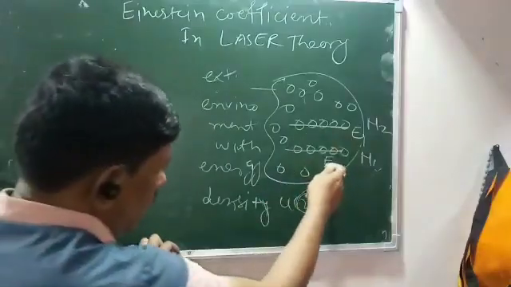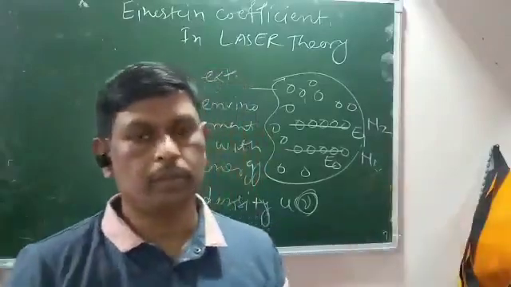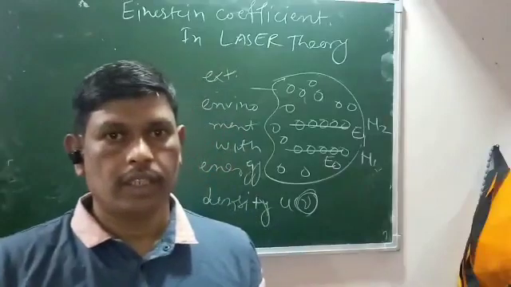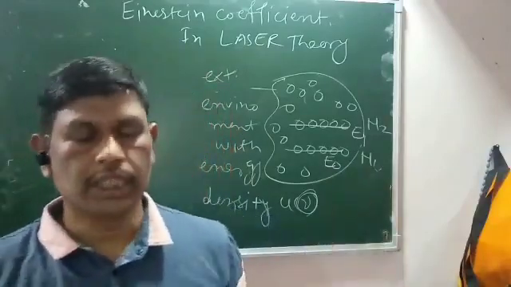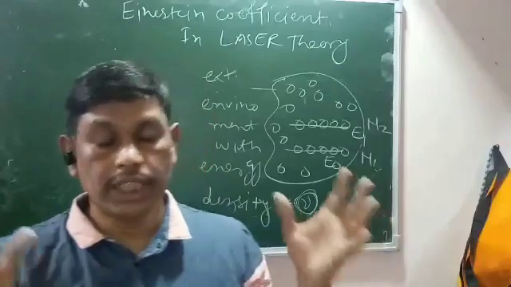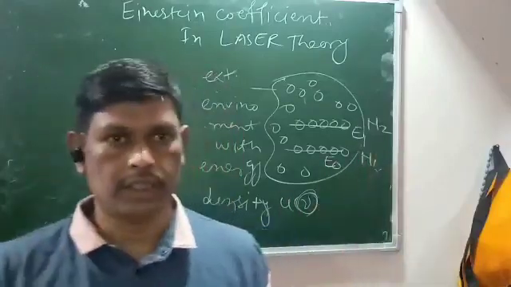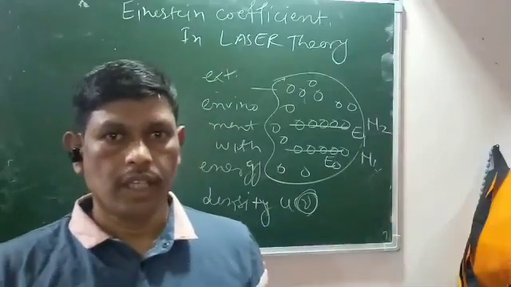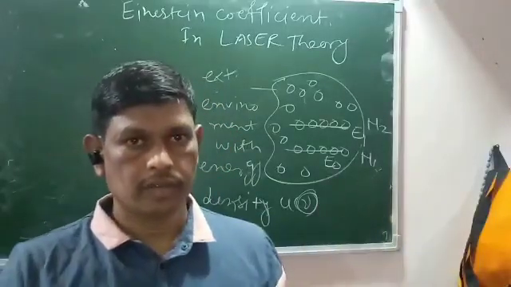In between the energy states E0 and E1 there are three probabilistic processes that can occur: absorption, spontaneous emission and stimulated emission. These are statistical, probabilistic processes. So we cannot count the number of particles in E0 and E1.